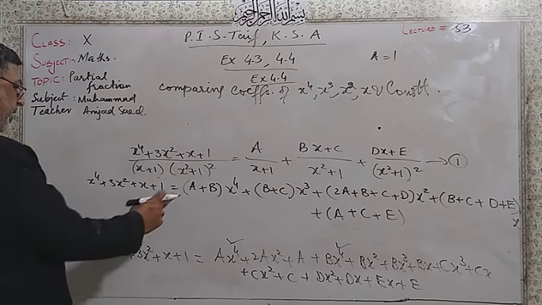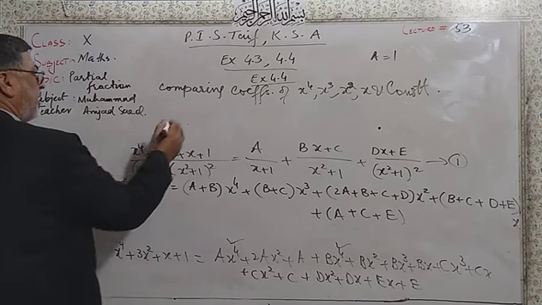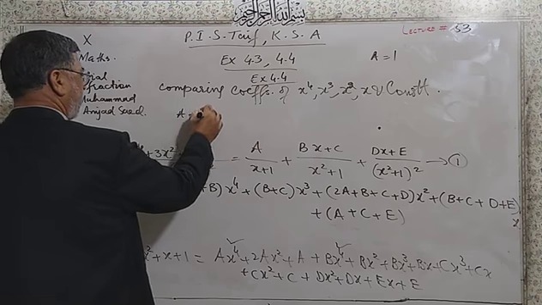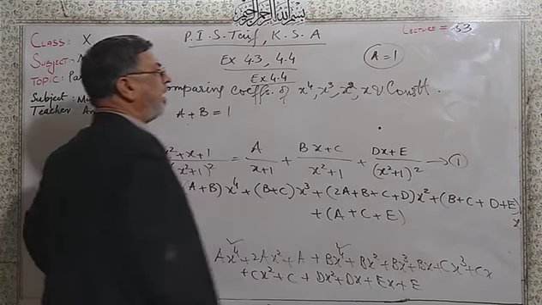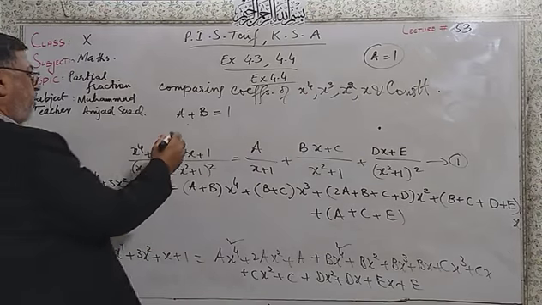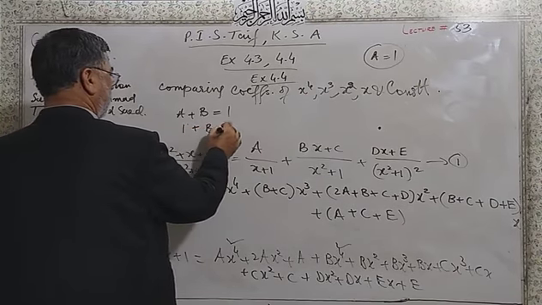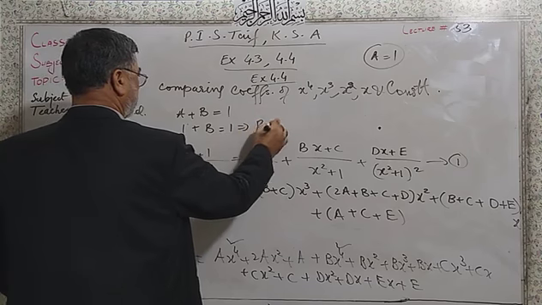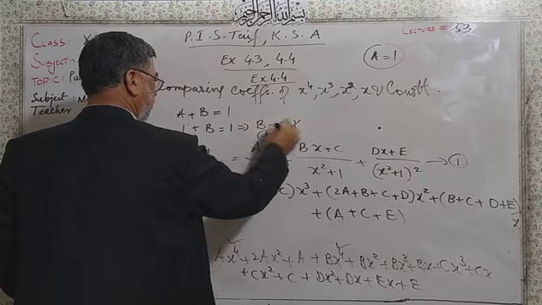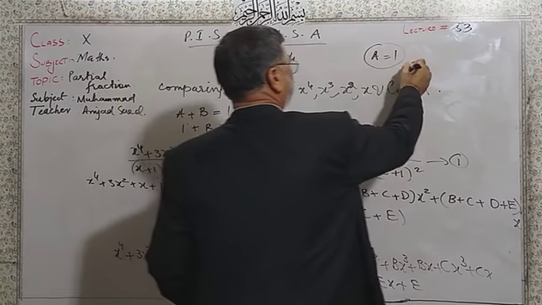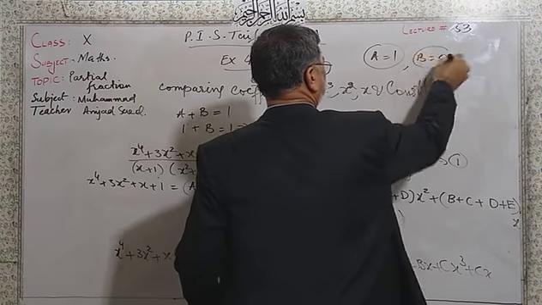Now we have a plus b is equal to 1. Remember that we have already a is equal to 1 here. So put 1 here to find b. So b is equal to 1 minus 1. b is equal to 0.